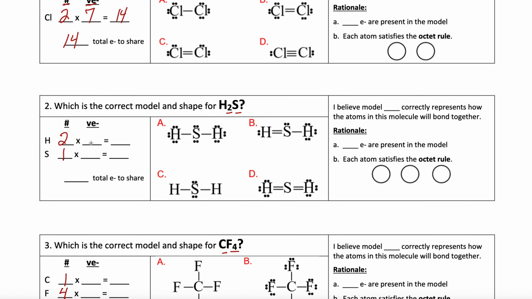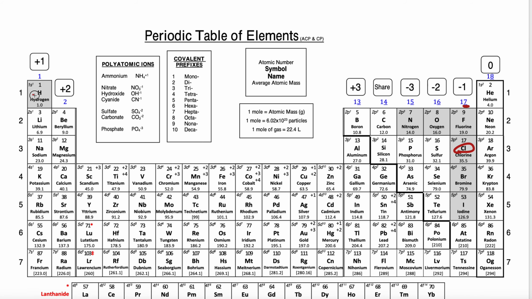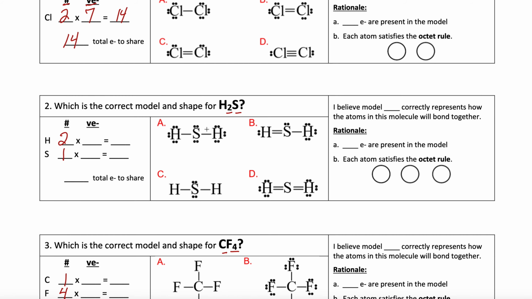Now we got 2 hydrogens and 1 sulfur. What are they going to share? Well, let's go to the periodic table, find hydrogen. Here's hydrogen. Hydrogen, you're just going to end up remembering it's got 1 electron. 1 valence electron, 1 total electron. So each hydrogen has 1, and there's 2 of them, so it's going to be 2 times 1. 2 times 1 is 2.